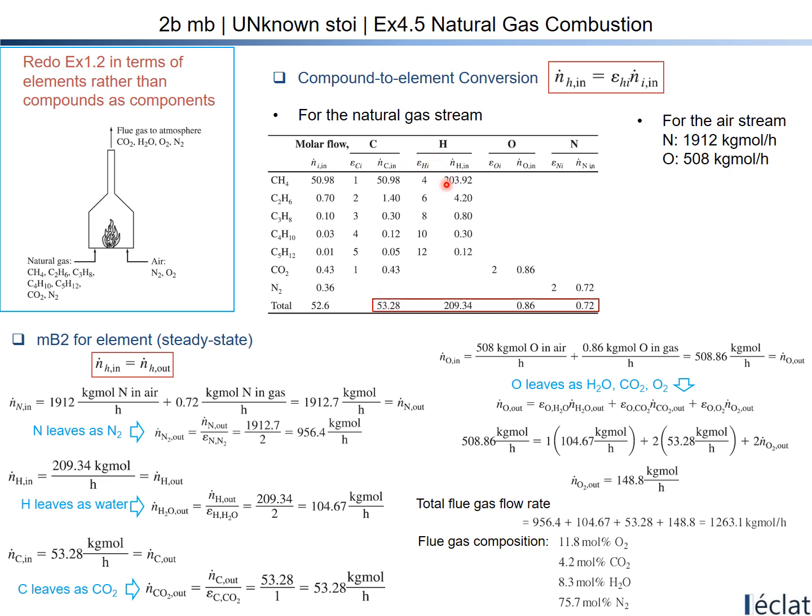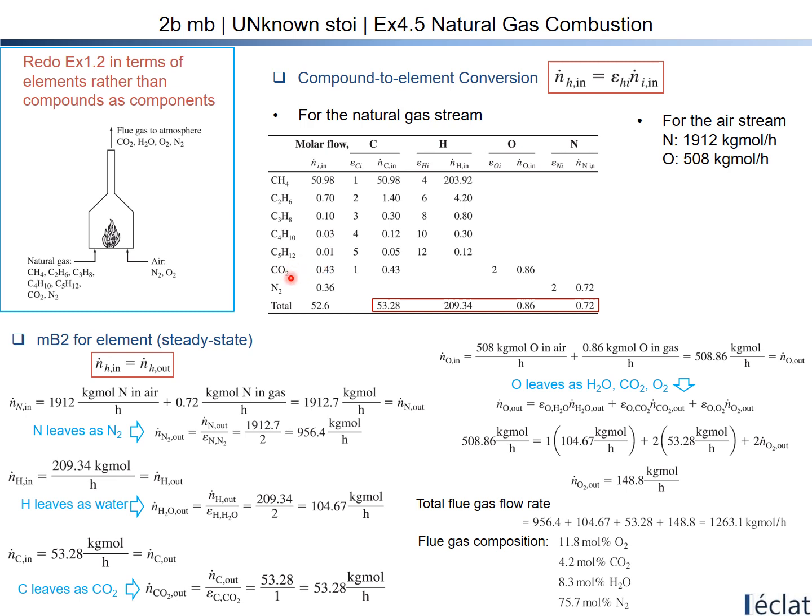How about hydrogen? In the same way, you could calculate it. We have 5 hydrogen sources. The summation of those 5 hydrogen sources, considering the number of hydrogen atoms in those molecules, gives the total hydrogen atom flow rate. How about oxygen? Oxygen is found only in CO2.